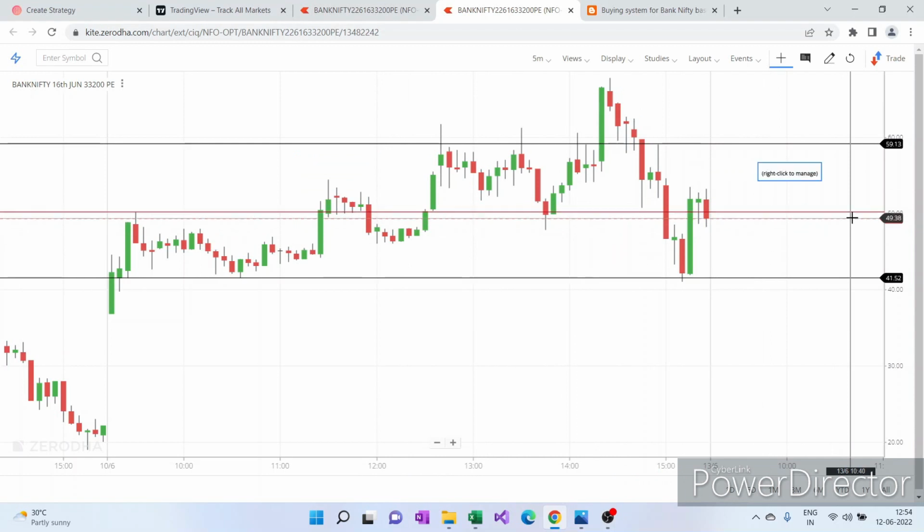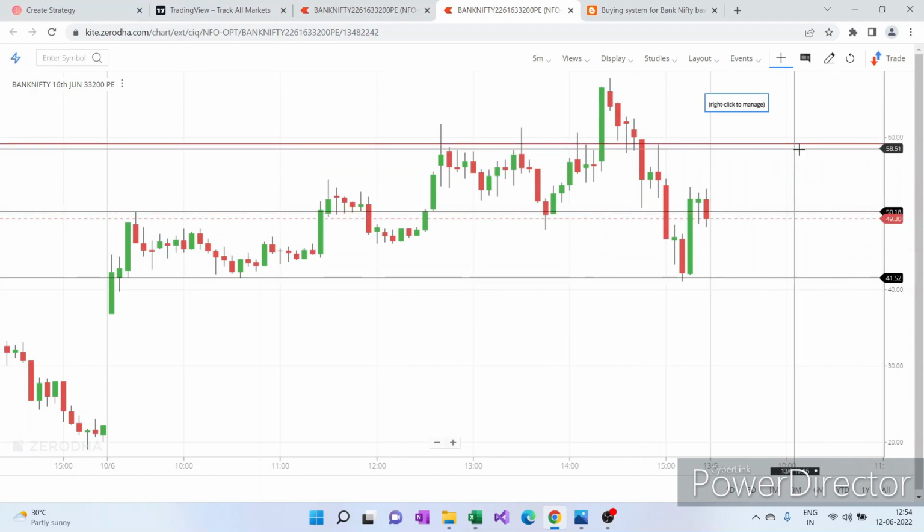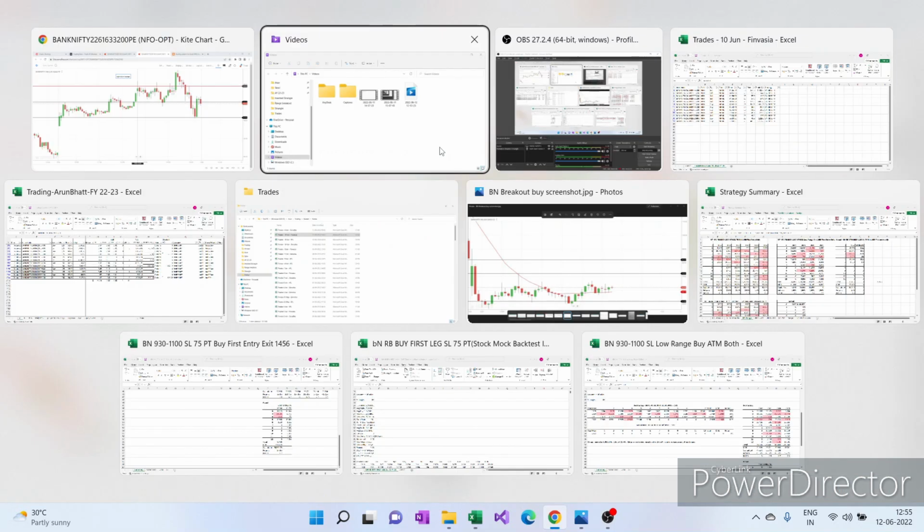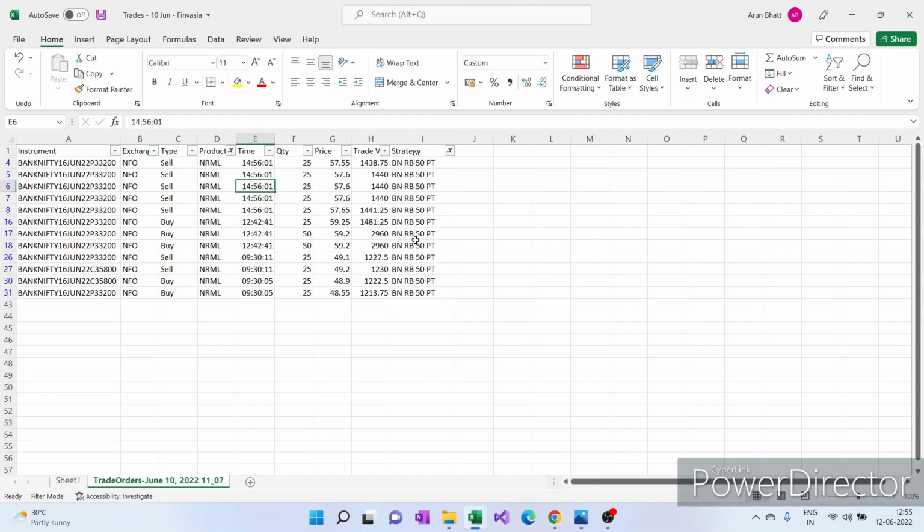Say suppose the higher range is around 49, and 10 points makes it around 59, where we are seeing this line here. That higher range was broken around 12:40, so that's where I have taken the trade, which we can see from the trade log of the actual trade.